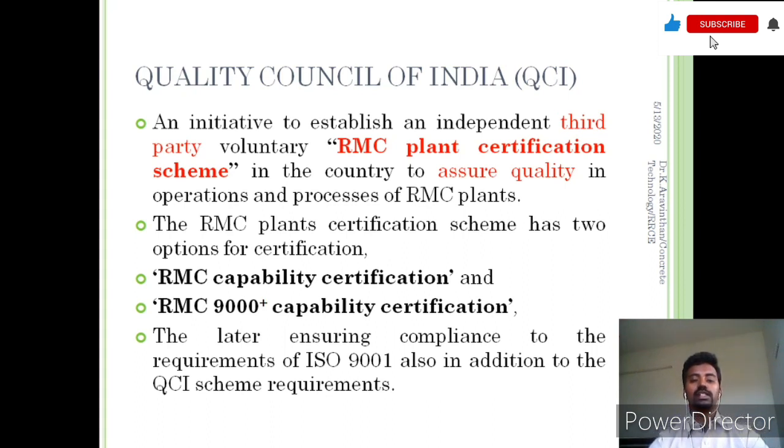The second one is regarding the ISO requirements, and the first one, RMC capability certification, is regarding the civil oriented aspect, and RMC 9000 plus is about the quality and the process of the ready mix plant.